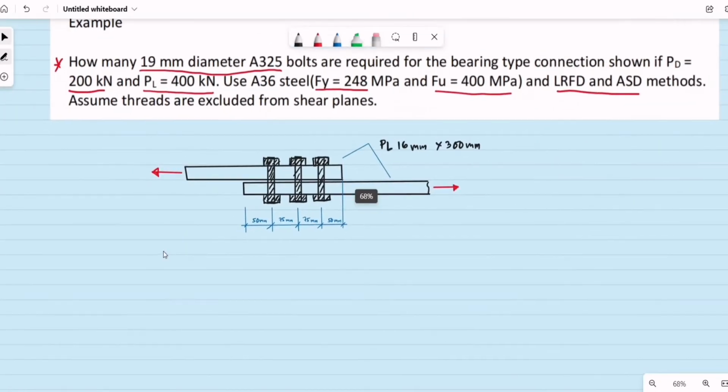Okay, let's have our P sub U. So the P sub U is equal to 1.2 of the dead load plus 1.6 of the live load.